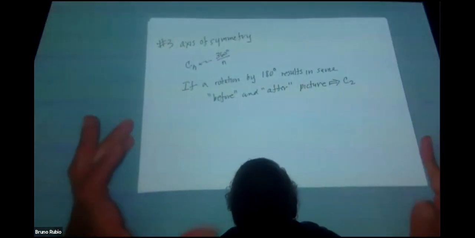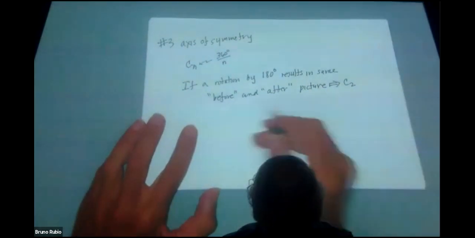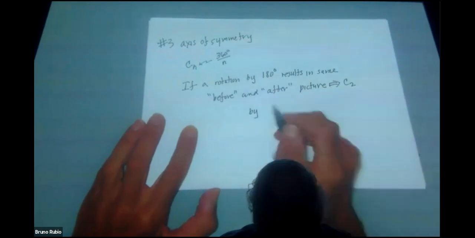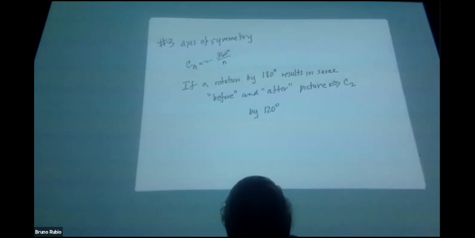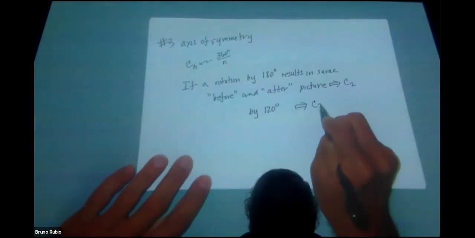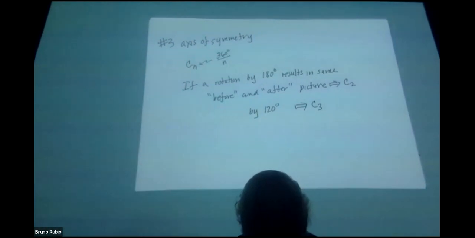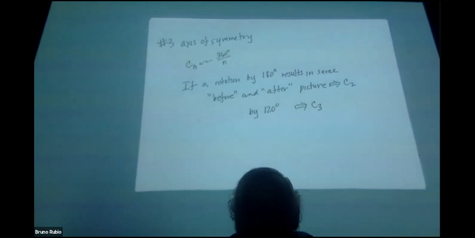But then we have axes of order higher than 2. If a rotation by 120 degrees results in the same before and after picture, then that object, that molecule, has a C3 axis of symmetry. And what does that 3 mean? That means 360 divided by 3 means a 120-degree rotation resulted in the same before and after picture. Then that is the C3 axis.